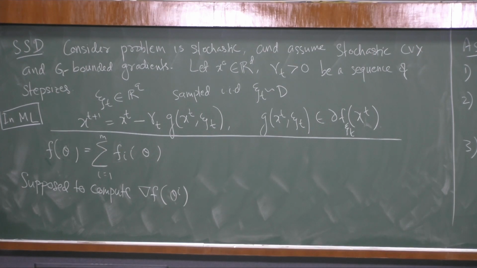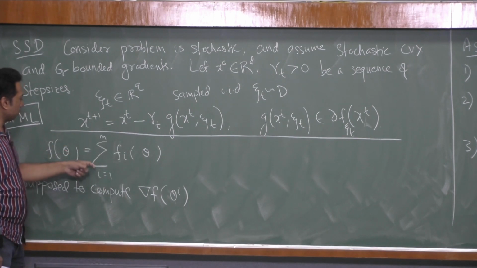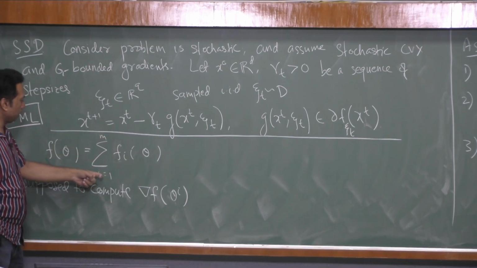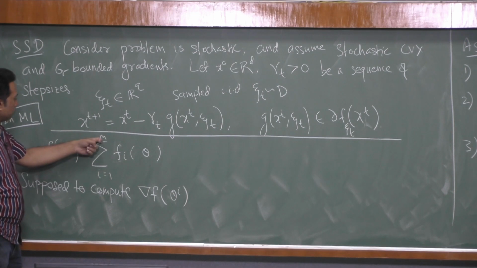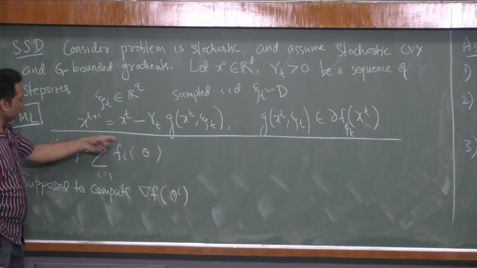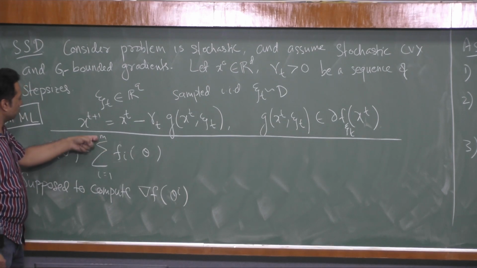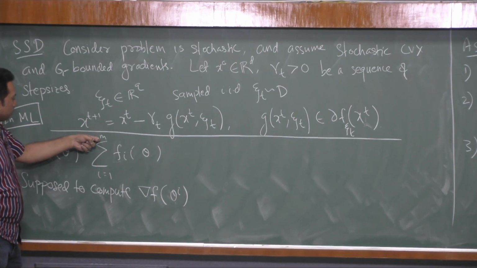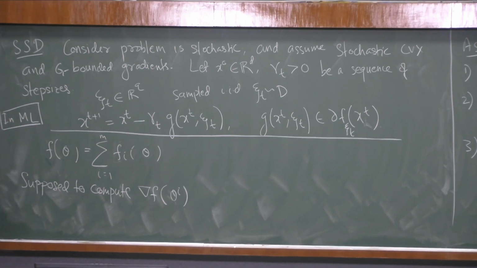Then I see a very big gradient to be computed, because m in machine learning could be several thousands, tens of thousands, or 100,000 or a million. It's very common. So computing the gradient of this sum over these million terms is prohibitive. You cannot really spend so much time on that.